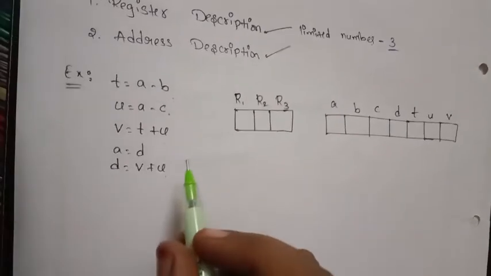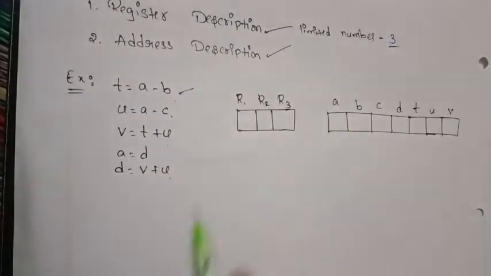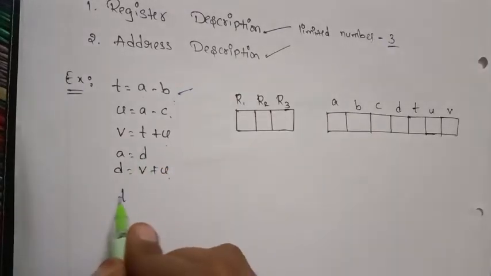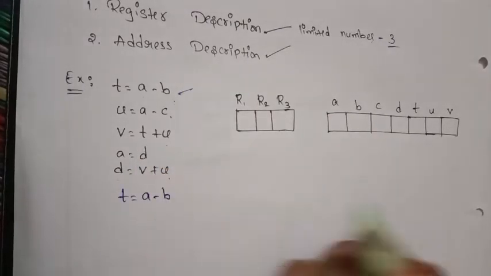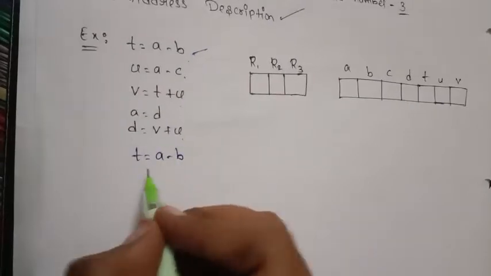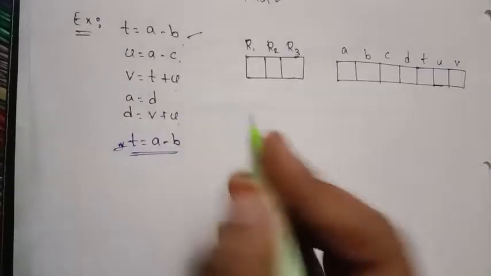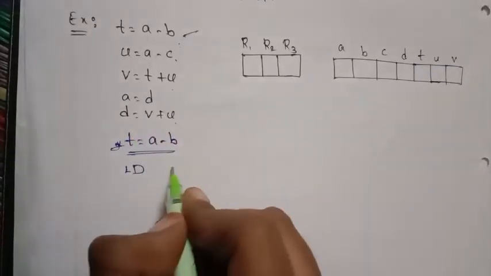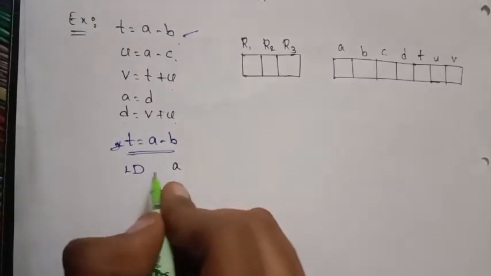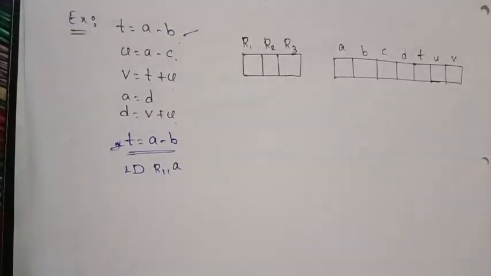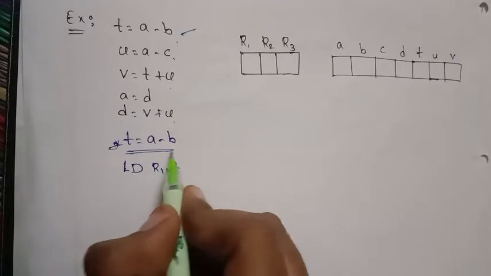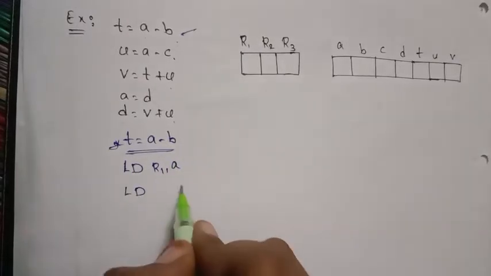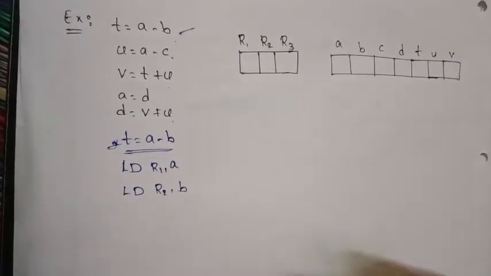Now let us take the first statement, t = a - b. How to write the code? First I load a into register R1, and next I load b into register R2.